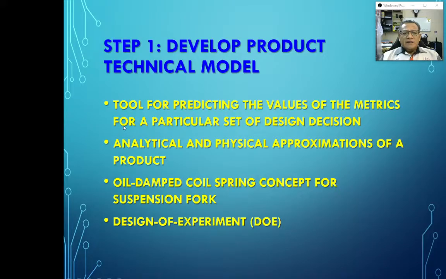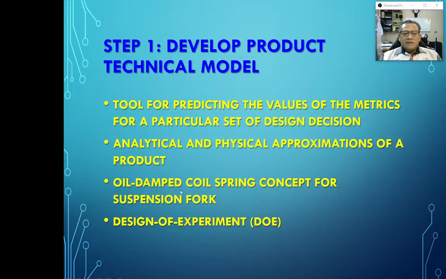Step 1, you need to have the tool for predicting the value of the metrics for a particular set of design decisions. Say you have designed the decision to be a middle approach, not too high and not too low. So you have to analytically and physically make an approximation of the specification of the product, right?